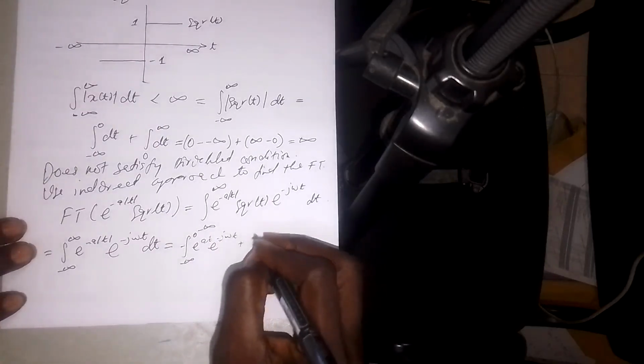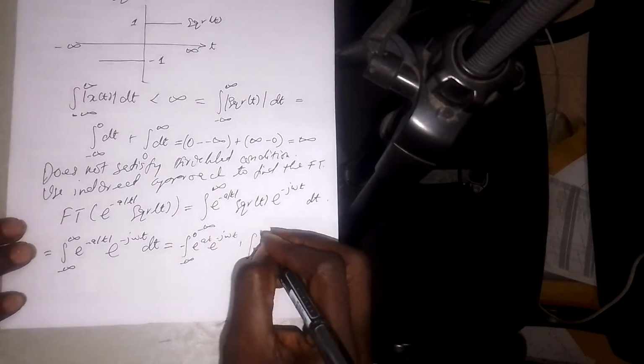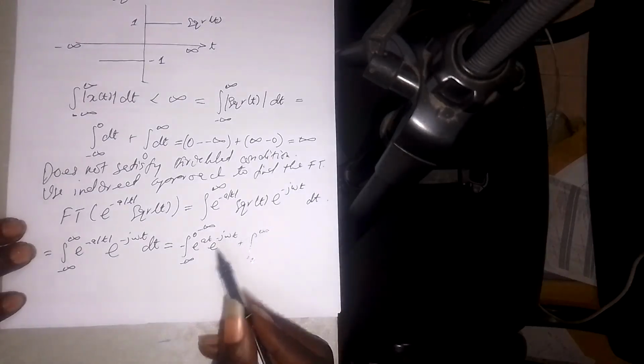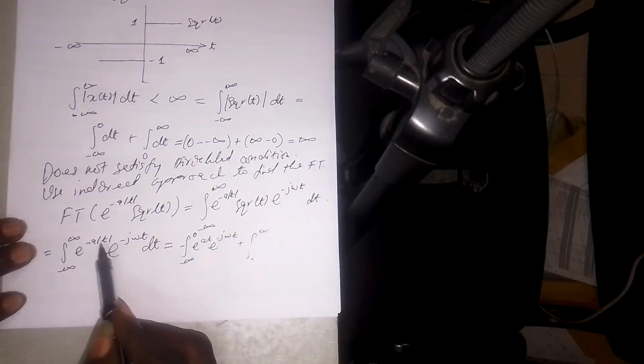Then plus the integral from 0 to infinity, where I take the positive side of this mod, which gives me minus a t, because t is positive.